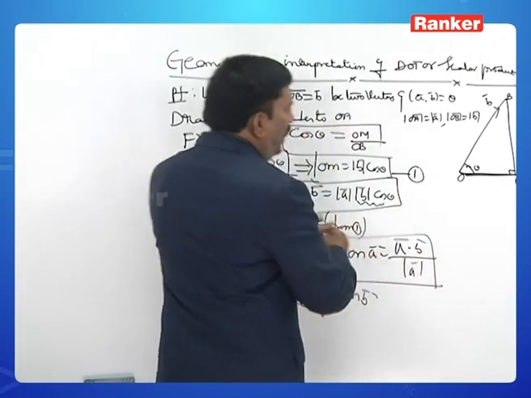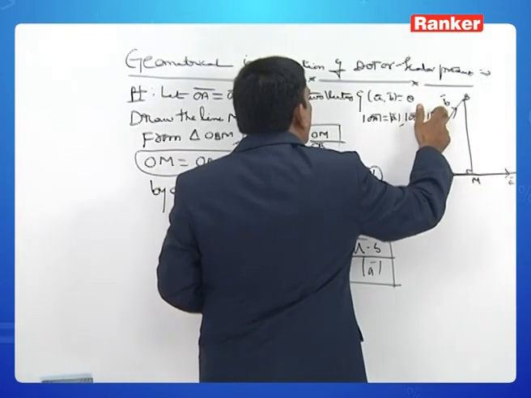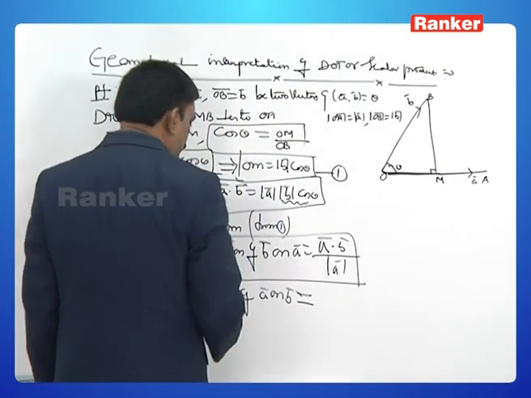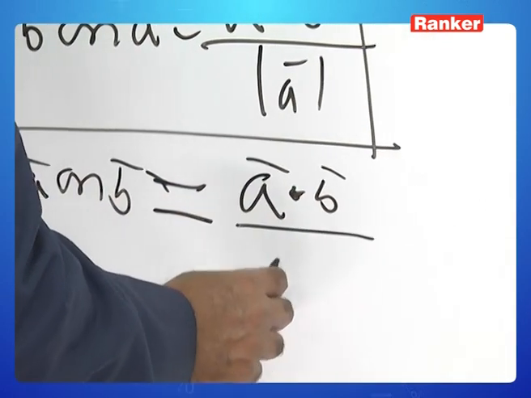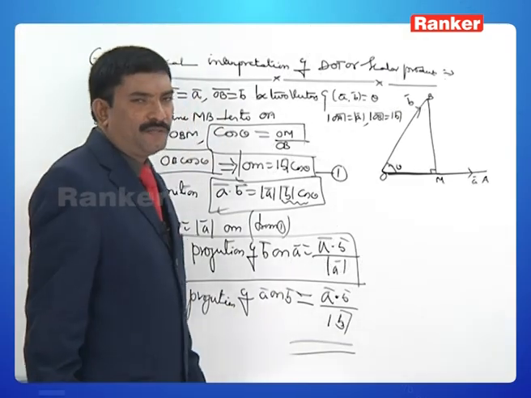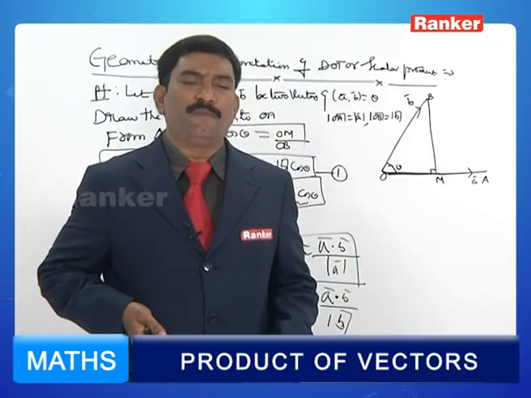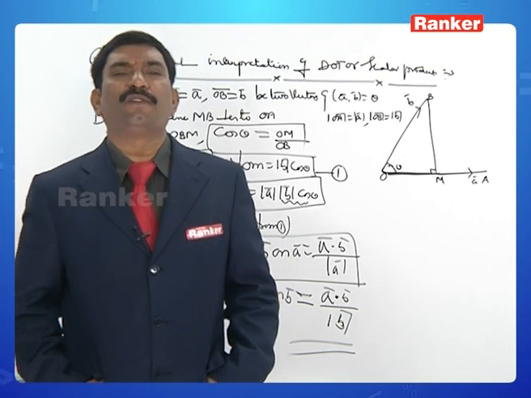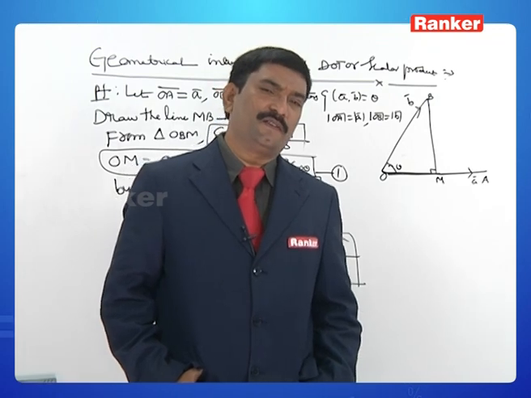Now this I can write as projection of A on B is nothing but A dot B by modulus of B. Students, by geometrical interpretation, we could prove the projection formulas for the definition of dot or scalar product.